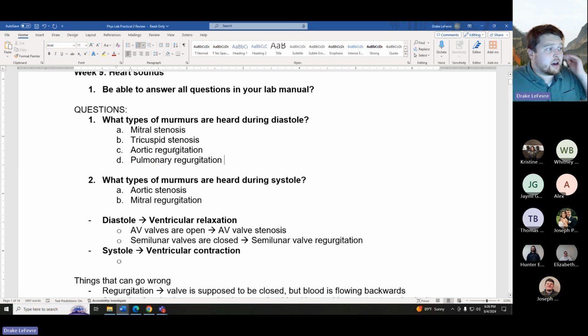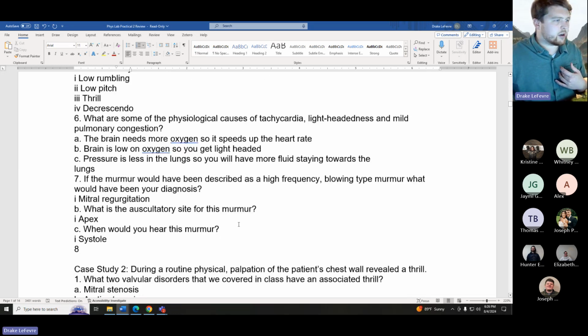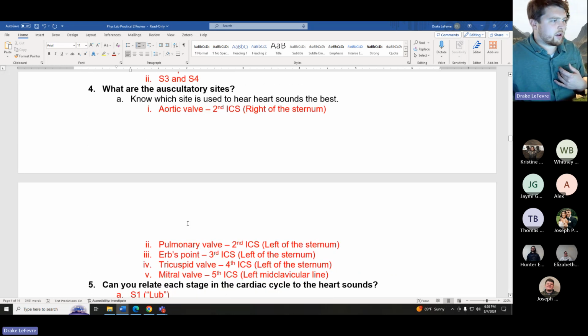Those super specifics will depend on the information they give you on where in the heart you're listening. The specific locations where you listen to the heart, if you haven't heard this one, I think you already had it down here, Elizabeth, all of the locations. The quick way to remember it is all politicians take money.